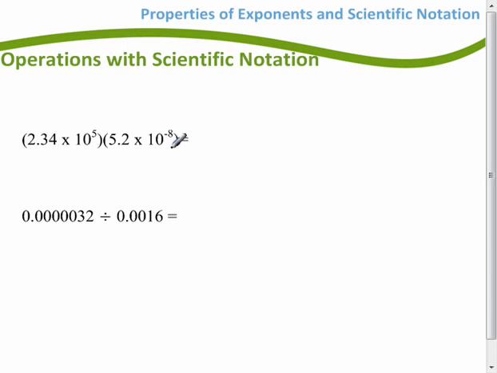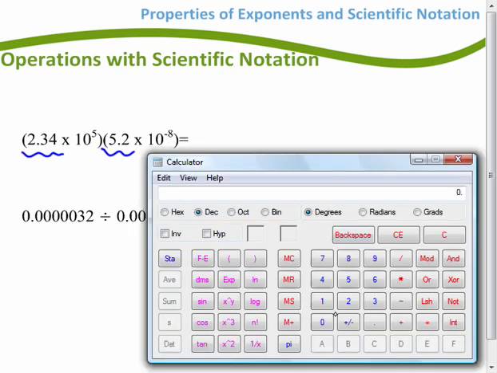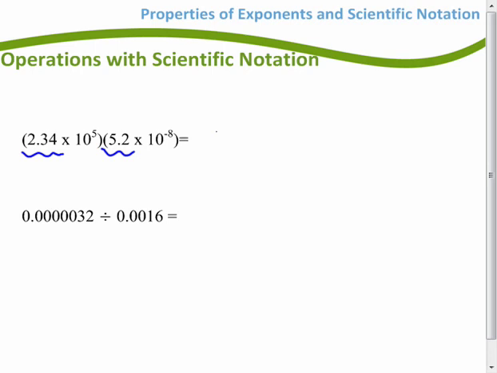If I'm multiplying these, what I can do is I can multiply the common things, like this one and this one. 2.34 times 5.2, let me just figure out what that is. 2.34 times 5.2, sorry, I should have got one that I could do in my head. 12.168. So it's 12.168 times, okay, 10 to the 5th times 10 to the minus 8.